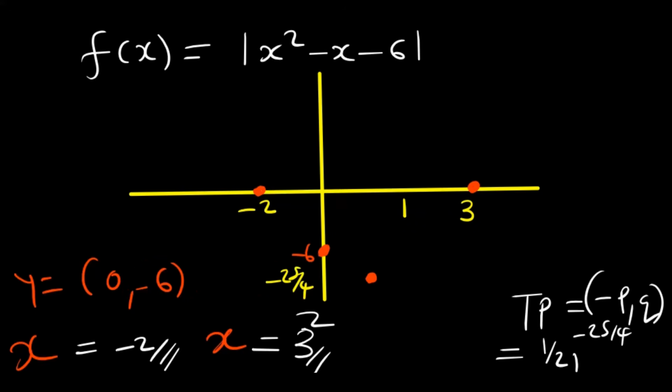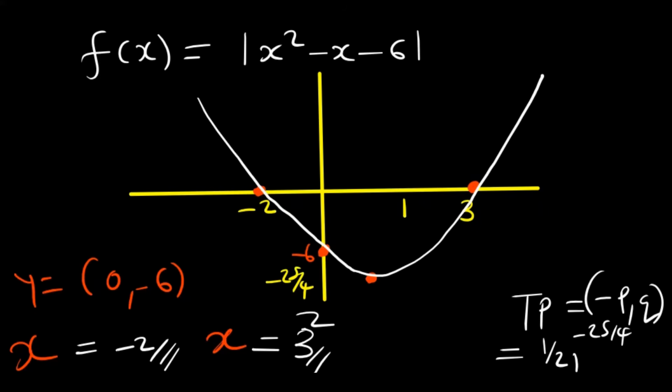That's where we're cutting the y-axis. So we're just supposed to join these points. If I join them, it will be something like that, passing through all the points. Okay, I've managed to get it like that.